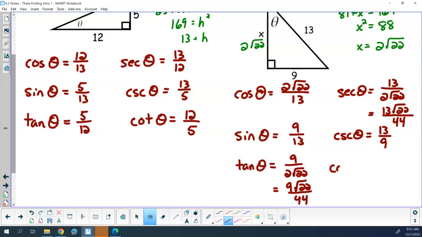And the cotangent, not the cost, cotangent of theta is going to be 2 square root of 22 over 9. Yes?